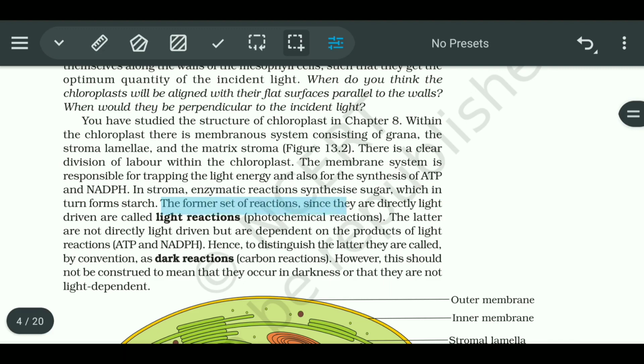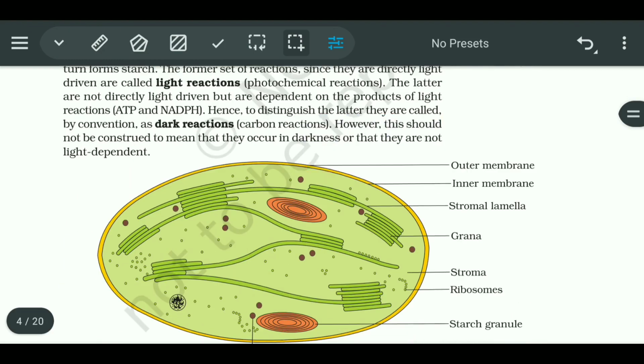The former set of reactions, since they are directly light driven, are called light reactions or photochemical reactions. The latter are not directly light driven but are dependent on the products of the light reaction, ATP and NADPH. Hence, to distinguish the latter, they are called by convention dark reactions or carbon reactions. However, this should not be construed to mean that they occur in darkness or that they are not light dependent.